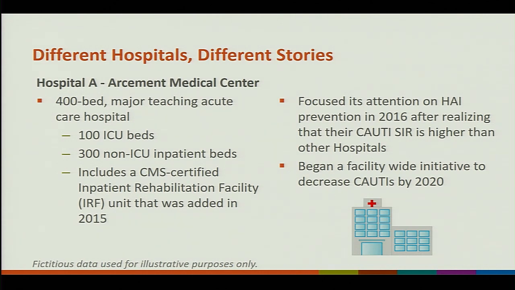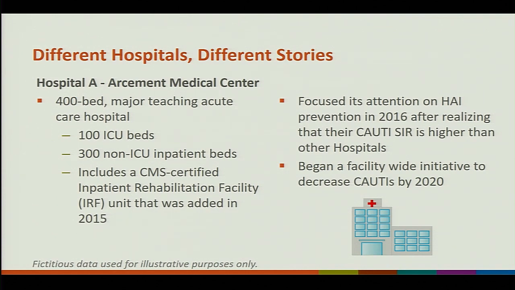But when it comes to evaluating what needs to happen at your facility, I like to say that TAP reports and the metric that we're going to use within them is a very personal number. That's something that's going to be unique to your facility. And to stress that today, we're going to look at different hospitals and a couple of different stories, how they relate as far as the TAP reports are concerned.